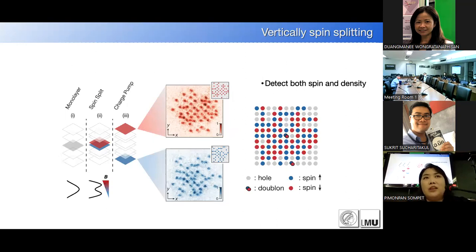Because what we use here is lithium-6, which is a fermion, it doesn't allow the same spin type to be in the same site, since it would gain a lot of energy there. So only different types of spin can be in the same site, and that's what we call a doublon here. You can see there are two colors.